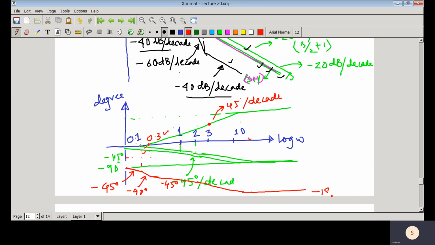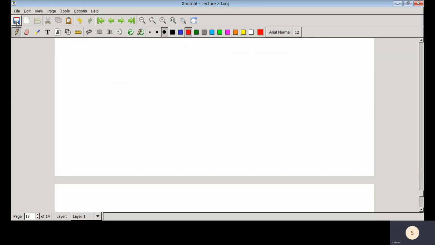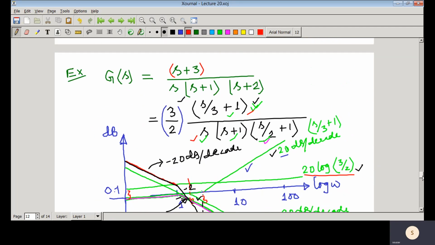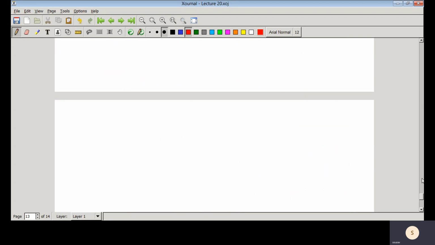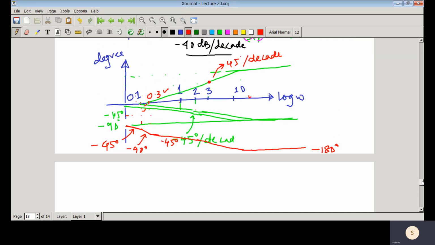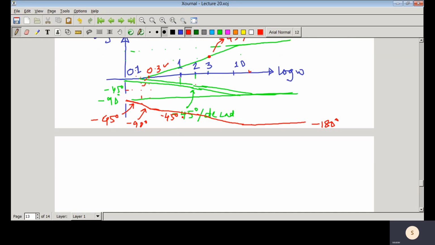From this transfer function you can see that at high frequency this will contribute 90 degree and this one contributes minus 90 degree. So this one is 90, so minus 90 means minus 180 degree. So at high frequency it will go to minus 180 degree. So do not forget to mention that slope.